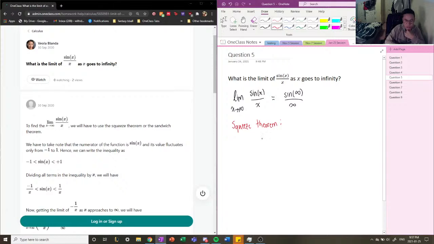The first one: if we have a function, let's say f of x, that we're trying to calculate the limit of as x approaches a value a, and we're not able to calculate it, then we can calculate it if we're able to find two other functions, g of x and h of x, where the range of f is in between g of x and h of x.